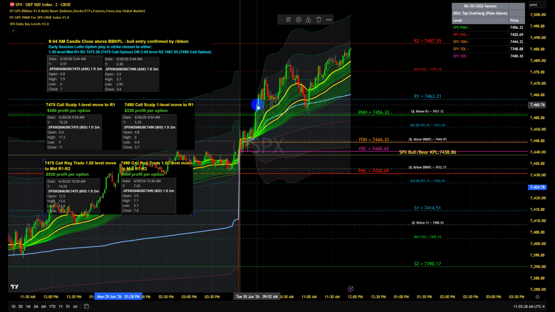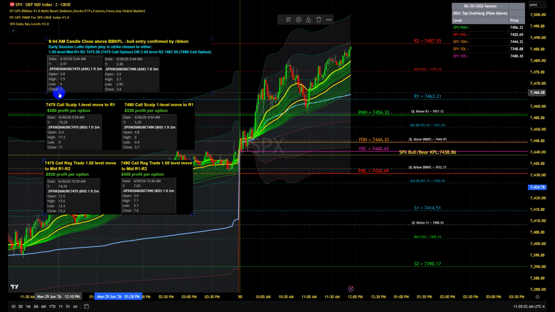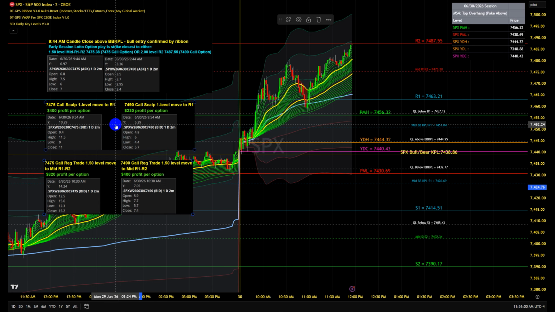Now, when it hits R1 here on the 9:54 a.m. candle, the 74.75, which you paid 7 for, is now a bid at 11, so that's a profit of $400 per option. But you only put in $700, so percentage-wise, that's still a very good gain. Same thing here. Cost $3.40.